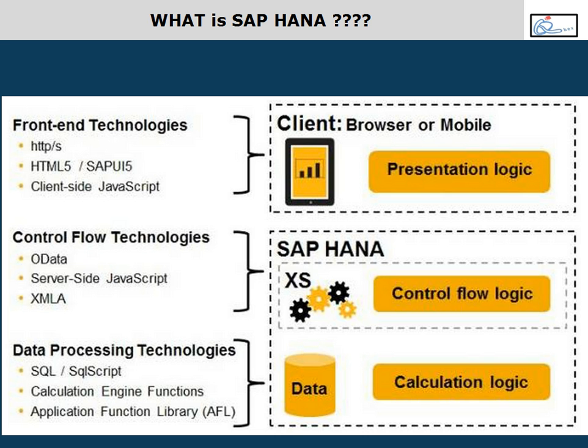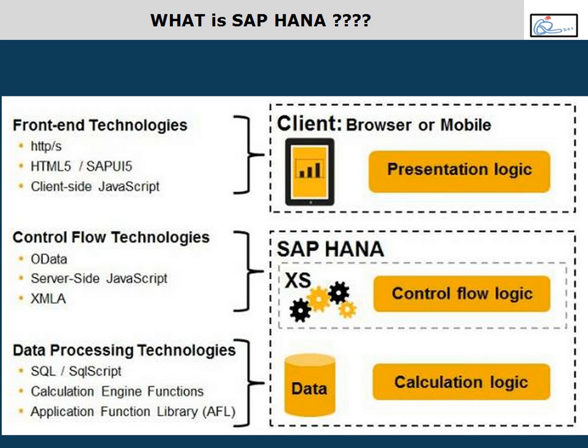So by using this Application Function Library or CE functions or SQLScript, I can implement the data intensive logic deep in the HANA database. HANA is a database, it will store data, that's fine. Apart from storing data, I would like to push the data intensive logic into the HANA database.